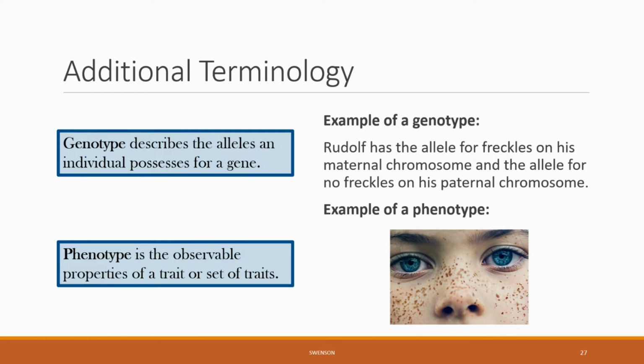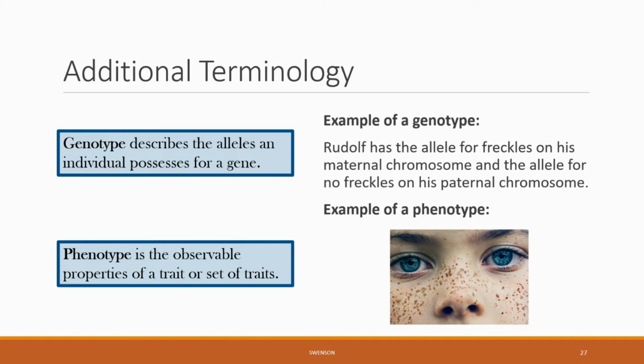As an example, Rudolph has the allele for freckles on his maternal chromosome and the allele for no freckles on his paternal chromosome. That is his genotype. Look at Rudolph. We can see his phenotype, and his phenotype is that of having the trait of freckles. Confused yet? Don't be.